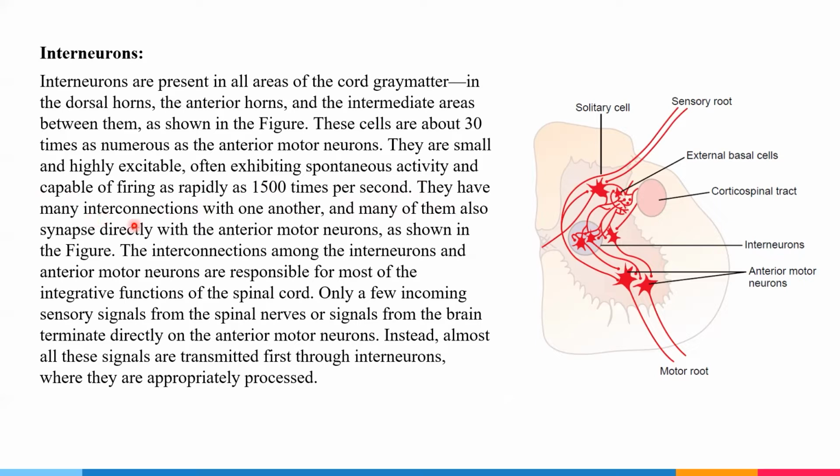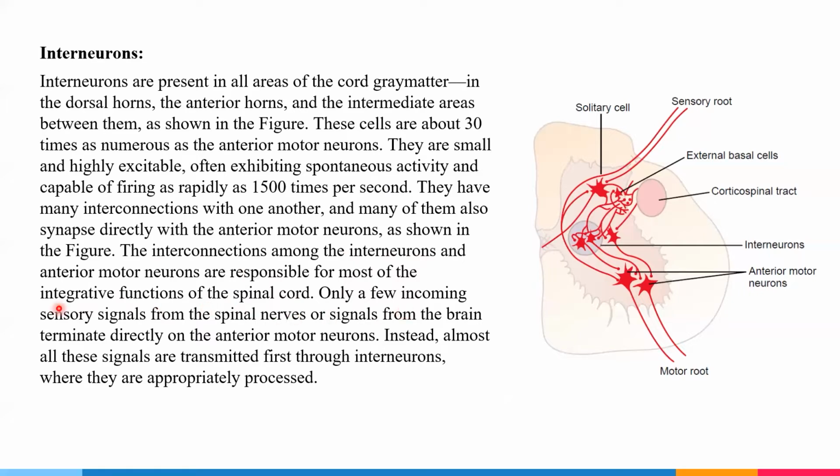They have many interconnections with each other, and many of them also synapse directly with the anterior motor neurons as shown in this figure. So here we can see an interneuron firing and having a synapse with the anterior motor neuron. The interconnections among the interneurons and the anterior motor neurons are responsible for most of the integrative functions of the spinal cord.